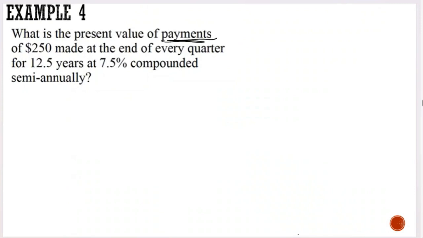The minute you see payments, you know it is an annuity question. So now we are looking for the present value. The present value of the payments, we know these payments are 250. Let's not worry about the amounts. It's 250. That is the payments.